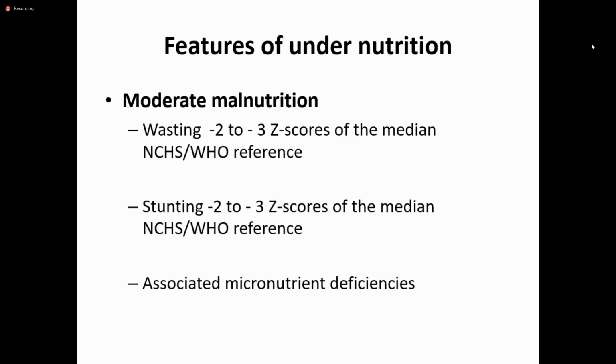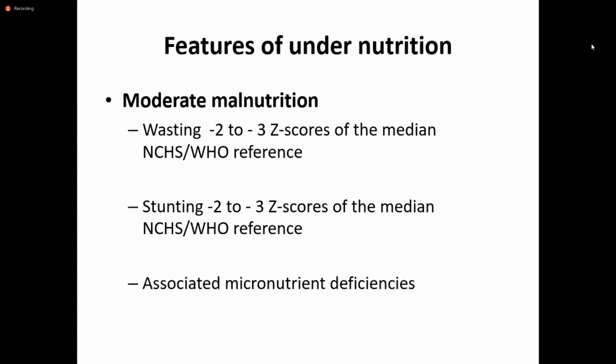Whereas in moderate malnutrition, they will have these parameters. So there will be wasting, weight for height Z score will be between -2 to -3. Height for age Z score will be -2 to -3. And there may be associated micronutrient deficiencies.